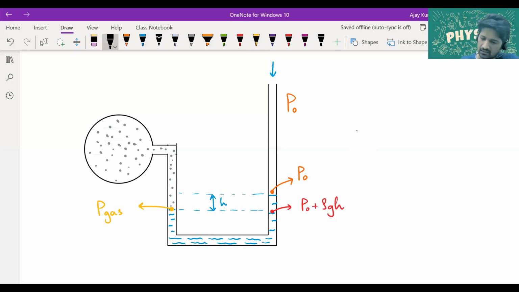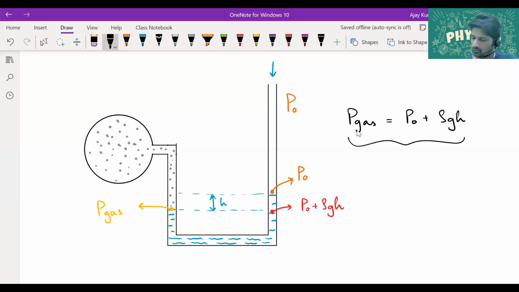So you can say that the pressure of the gas is equal to atmospheric pressure plus rho g h. Therefore, what this equation effectively shows is that the pressure of the gas varies linearly with that height. Which height? The extra height in the other column.